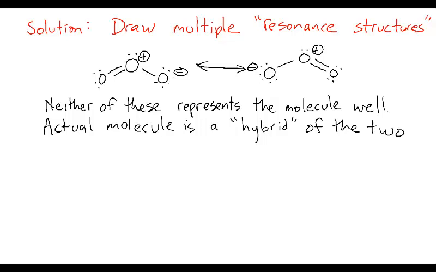All right. So in the actual structure of this, what we have is something like 1.5 bonds on each side, and something like half a negative formal charge on each of the outer oxygens.